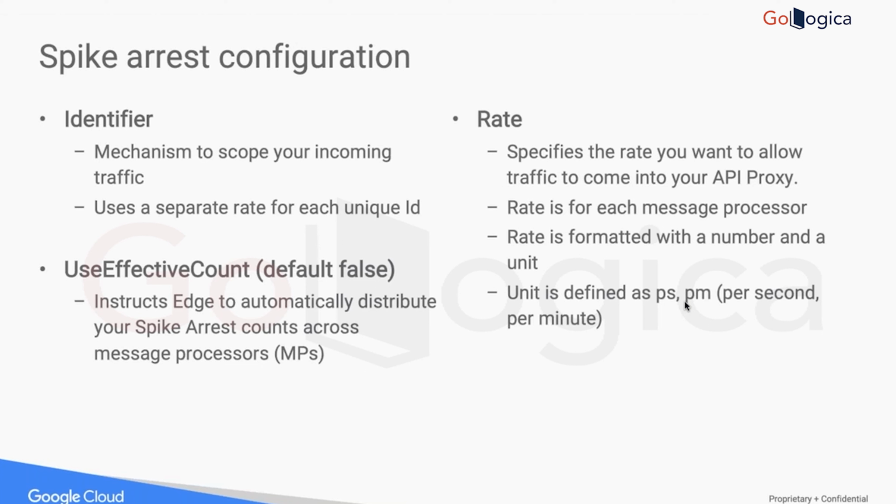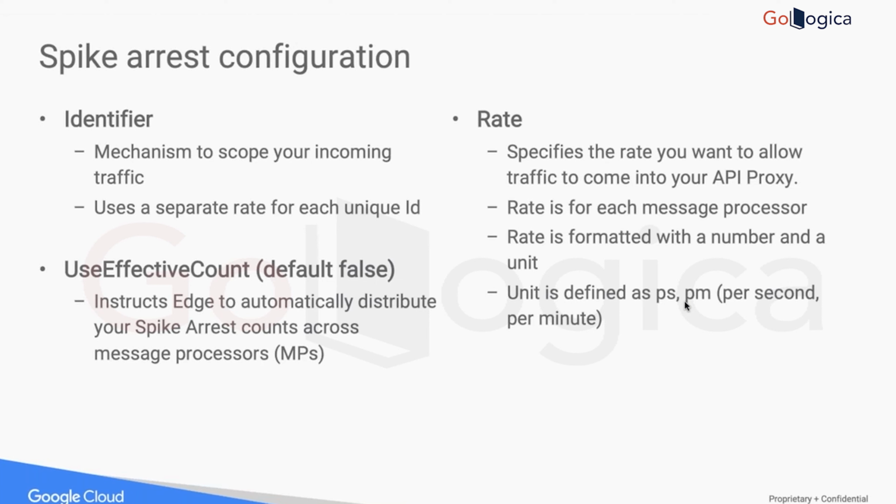In the rate you give the actual value that you want to apply. And then there is use effective count. There can be multiple message processors in Apigee, right? You can have 3 message processors, or 5, it can be distributed. Spike arrest by default is applied on a per message processor level.